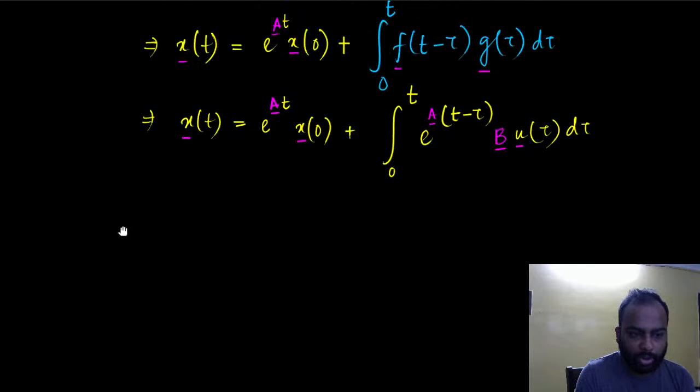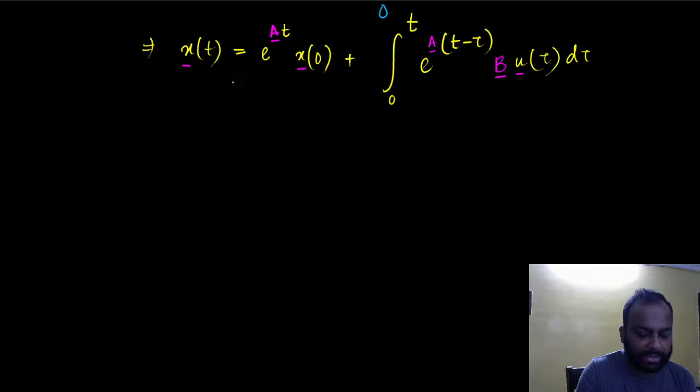So with that said, that's the input, that's the output of the system, and that's the state vector of the system with respect to time.